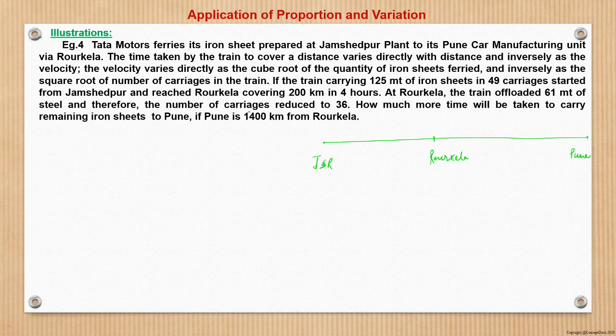The time taken by the train to cover the distance varies directly with the distance and inversely as the velocity. The velocity varies directly as the cube root of the quantity of iron sheet ferried and inversely as the square root of.